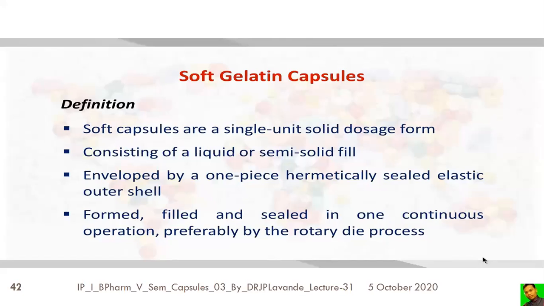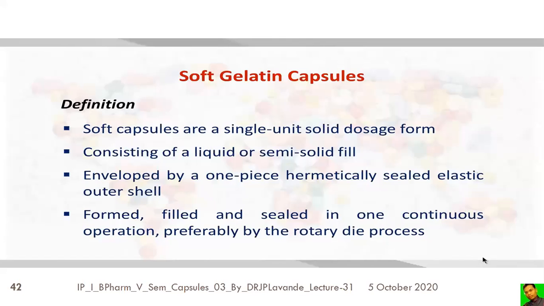They will be formed, filled, and sealed in one continuous operation, preferably by the rotary die press. So the machinery which is used is single operation machinery, and the name is the rotary die press, in which the process of forming, filling, and sealing occurs continuously in a single operation.